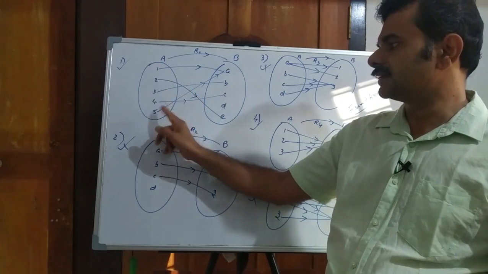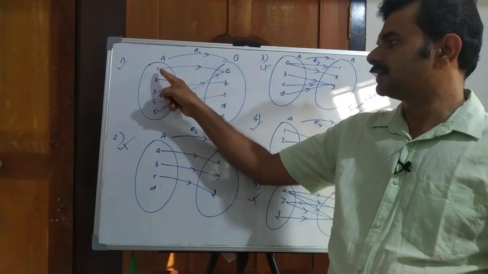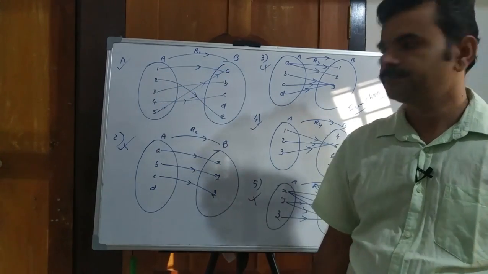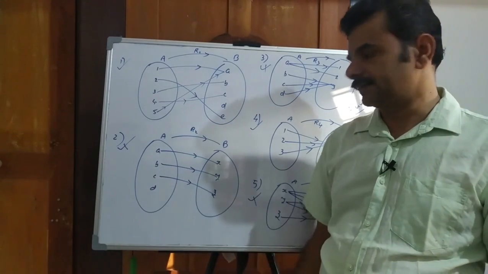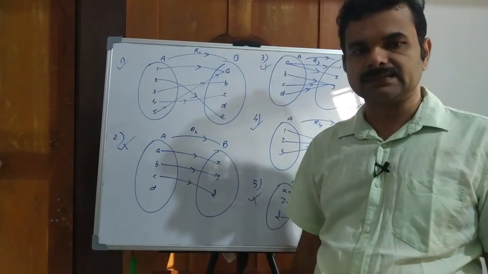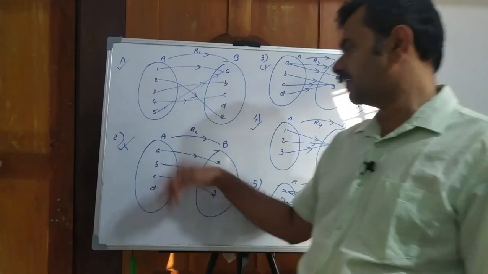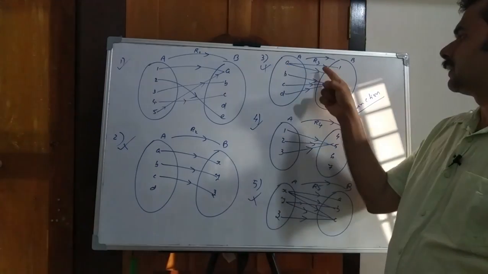Every element has images and they are unique. Only one, only one, only one. In R2, not every element of A is connected because D has no image. Therefore, R2 is not a function. Third one, R3.